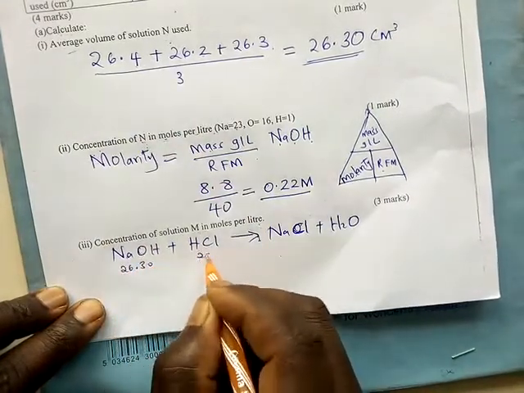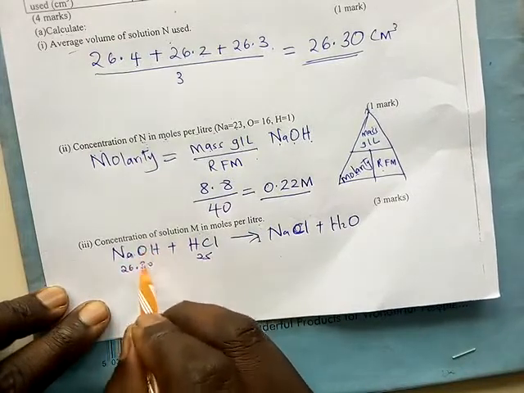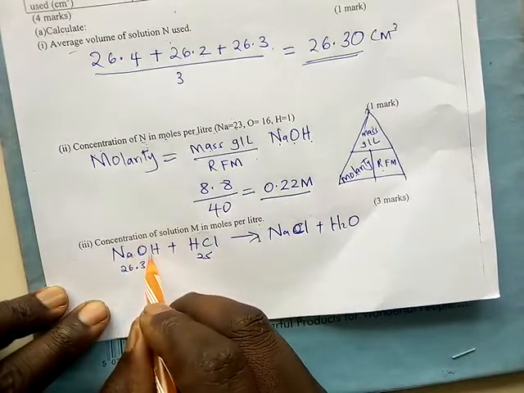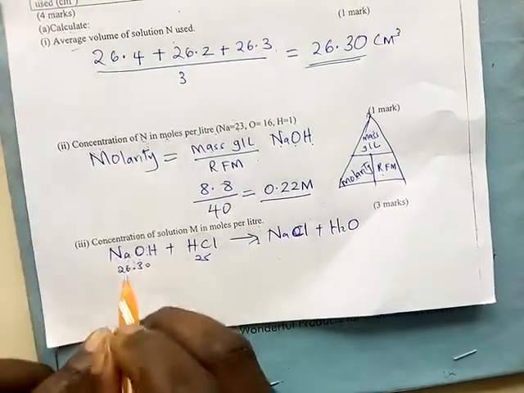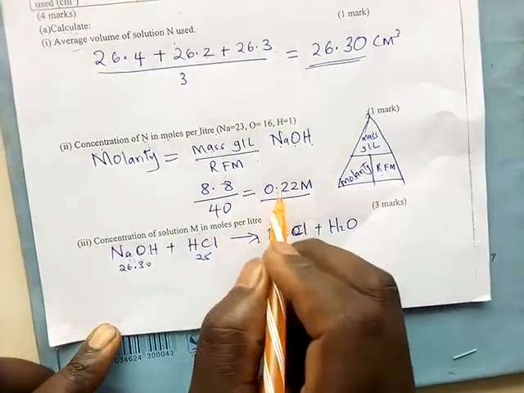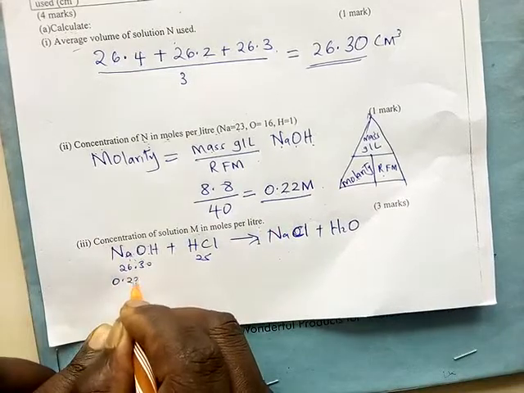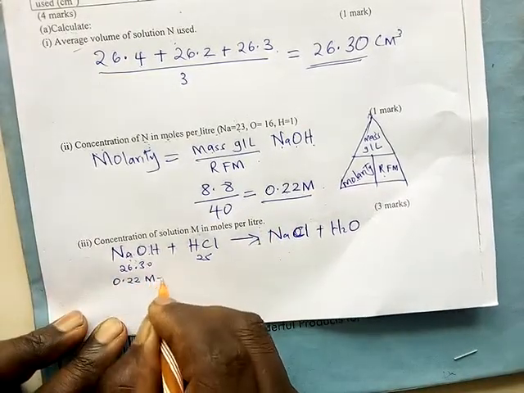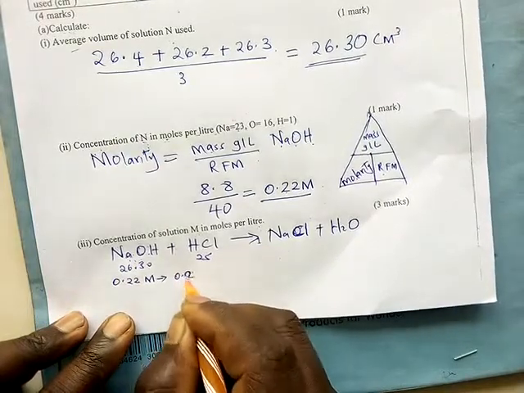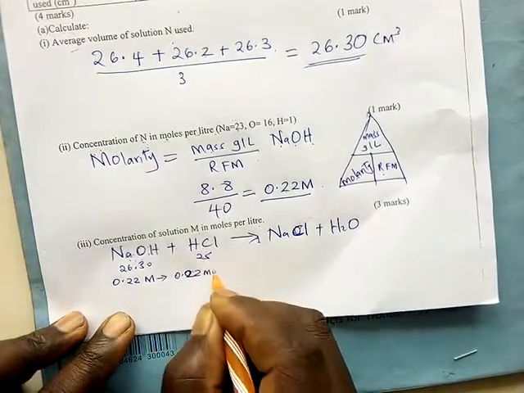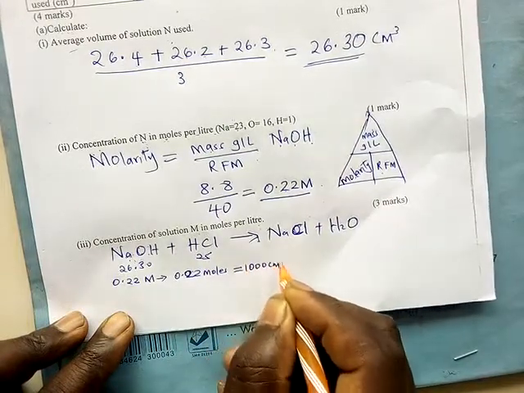26.30. This one was 25. We have the moles, but we have not yet got the moles of this. Now we can get it, because we have the molarity of this. So let us get the number of moles of sodium hydroxide that was used. We know the molarity of sodium hydroxide is this. This is the number of moles in 1 liter. So 0.22 capital M implies that 0.22 is the number of moles in 1,000 centimeters cube.